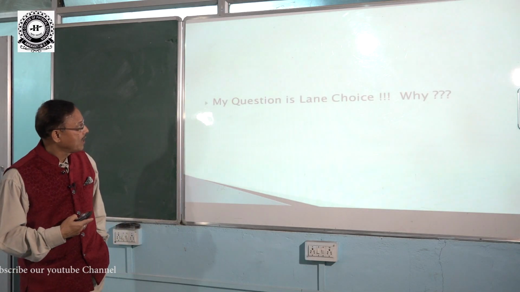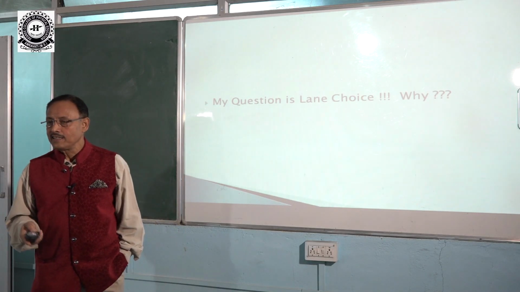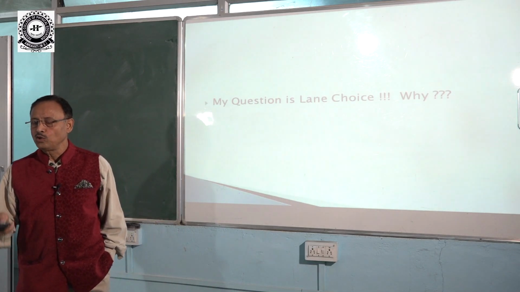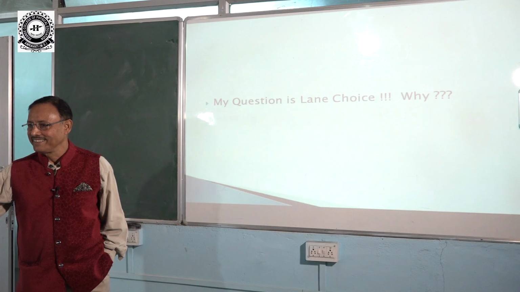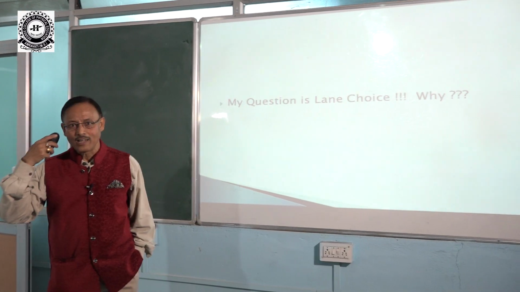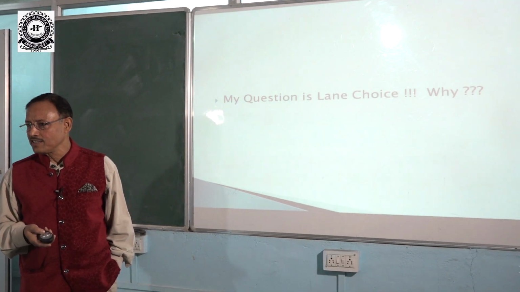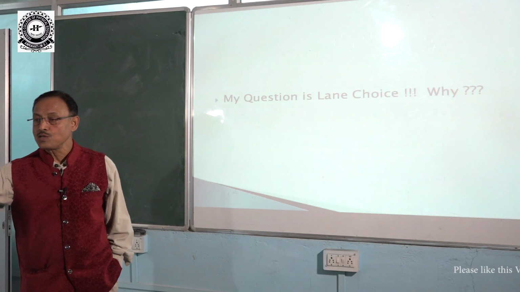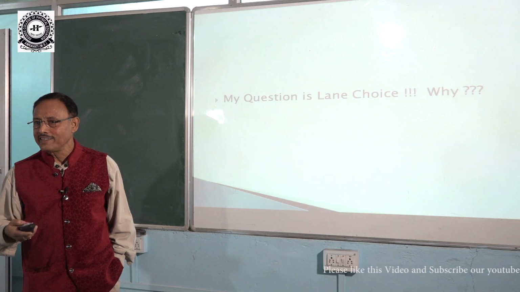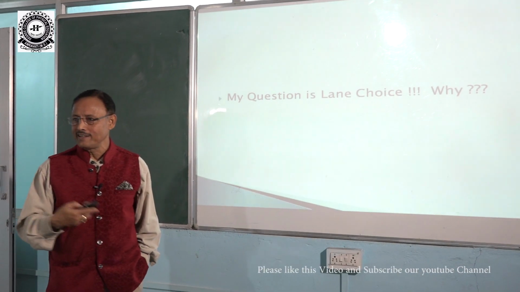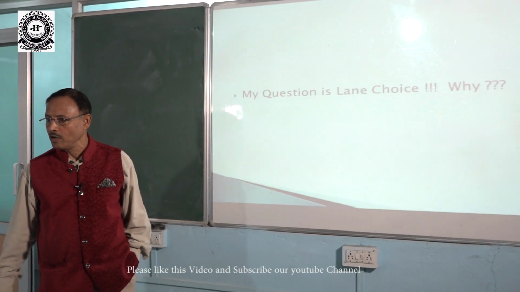Next. My question now is lane choice. Why do legend athletes choose lane number 4th, 5th, 6th, 7th instead of 8th, 9th? It is because of psychological traits, the psychological makeup of a person. Athletes running on the outermost lanes, say the 8th and 9th lanes, feel that they are not in a position to see the competitors coming or following them.